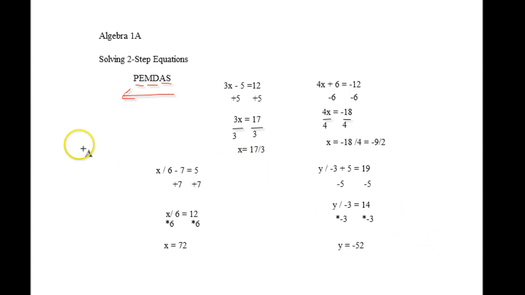Now if you'd like to take a problem such as a division or multiplication problem, x divided by 2 plus 4 equals negative 8, you can actually start out by multiplying everything by 2. But when you multiply everything by 2, you better multiply every single number by 2, so that means all three of these parts.